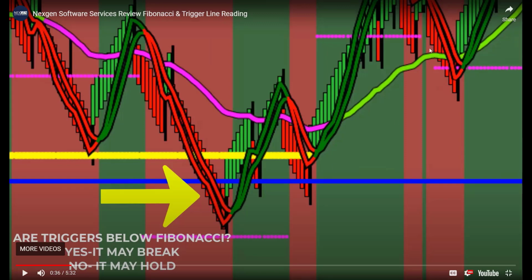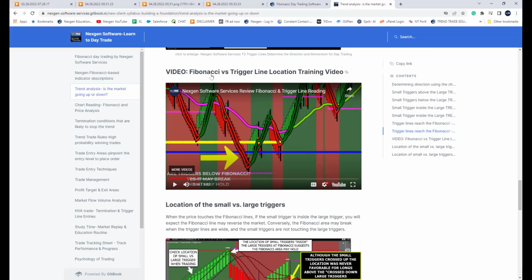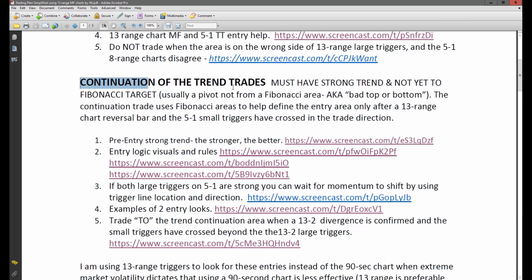This whole video talks about this the whole time, and you'll see that in the trend analysis, is the market going up or down. That's the video that explains whether the fibs are going to hold or break, but it also explains my continuation trade logic. So watch that video again. You're going to really appreciate it.